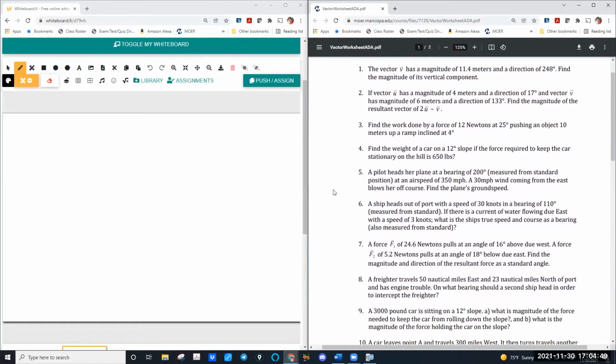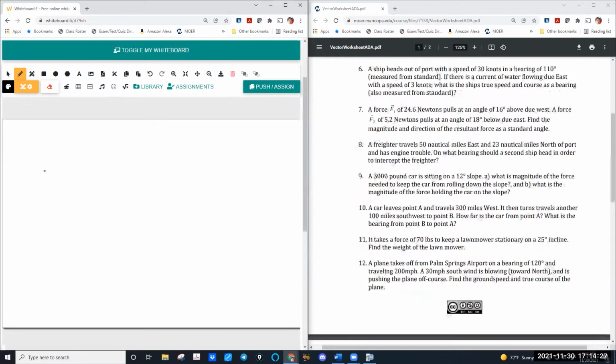So we're going to do number 4 from the worksheet. Like I said, we'll do a couple together, and just to get the hang of how I like setting these up, you might have a different way of doing it. So we have our 12-degree slope, and here's our car or object.